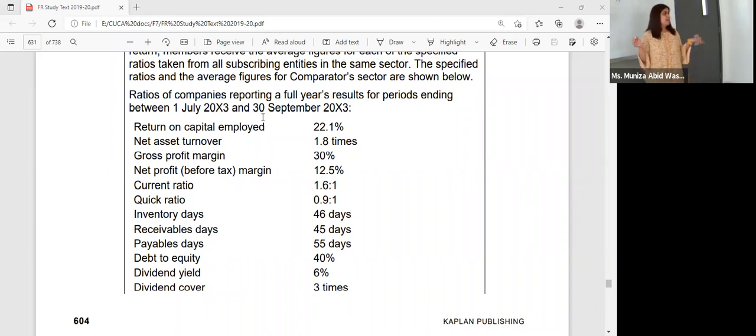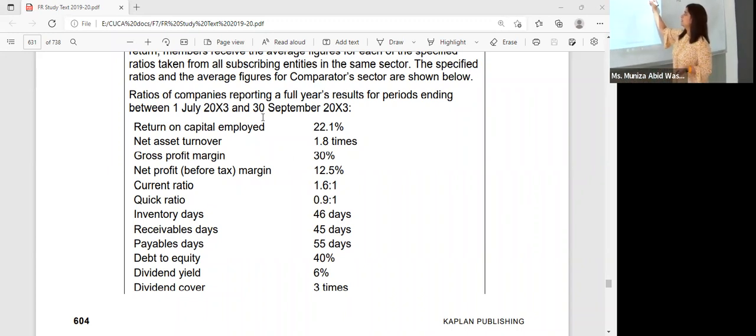When you deduct liabilities from your assets, the remaining figure is equity. So net assets is assets minus liabilities, or net assets could also be known as capital employed. Clear? Then the next ratio is gross profit margin.